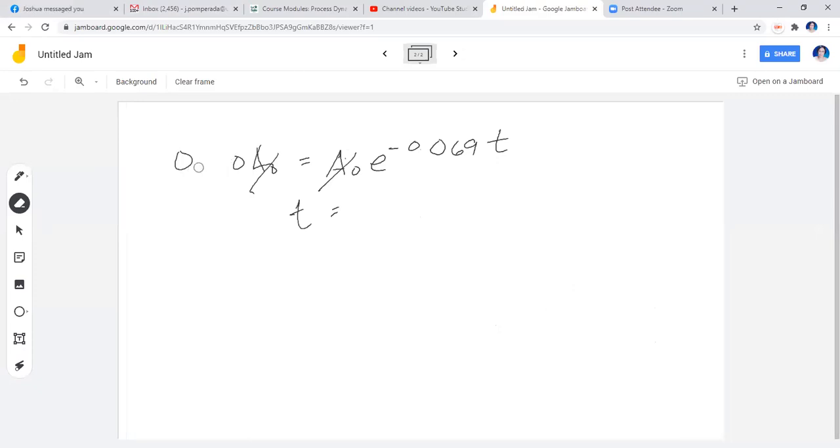So this should be point, because 9/10, so this is 0.10 A sub O. So that should be 33 now. Is it 33? 33, miss.